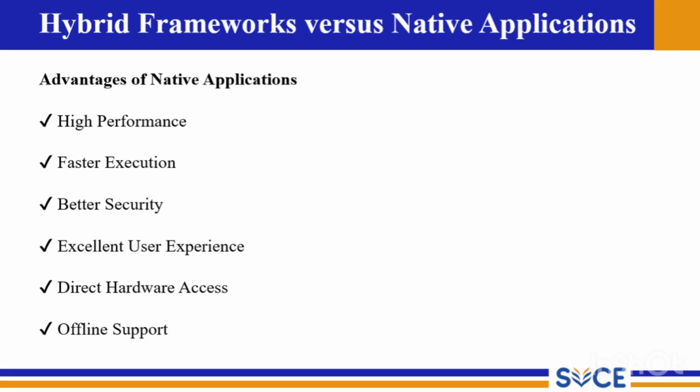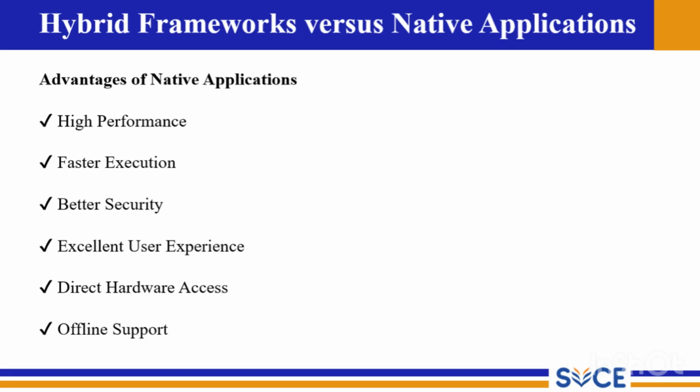Native applications offer several significant advantages. They execute faster because the code is compiled specifically for the target operating system. They provide a smoother user experience with faster animations and quicker response times. Native applications can directly access hardware features such as the camera, GPS, sensors, Bluetooth, and fingerprint scanner.